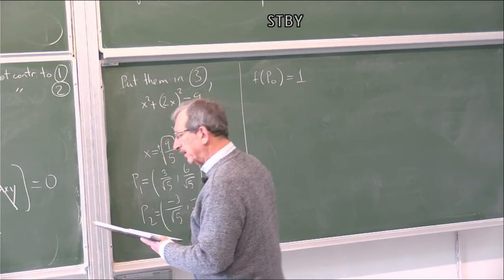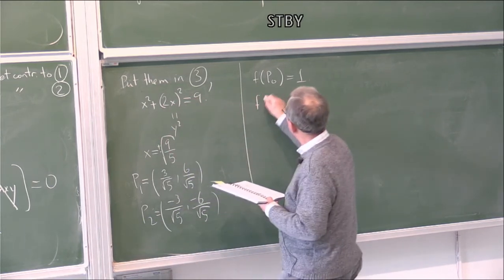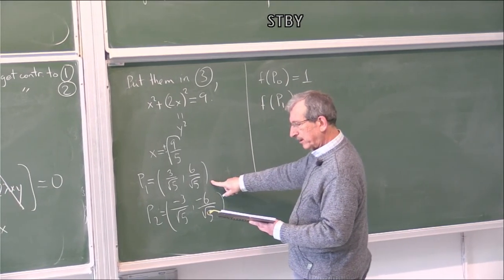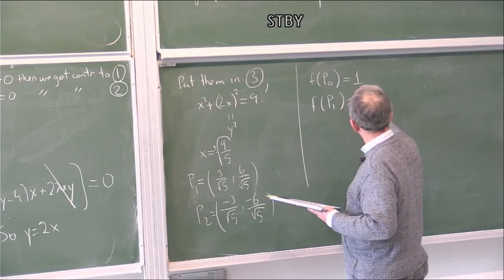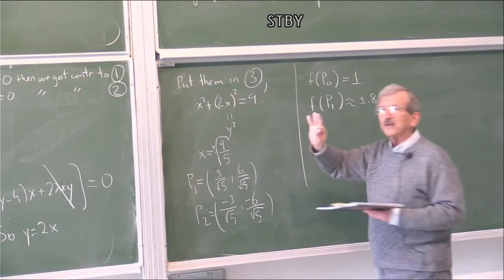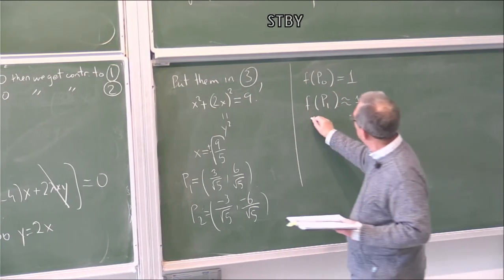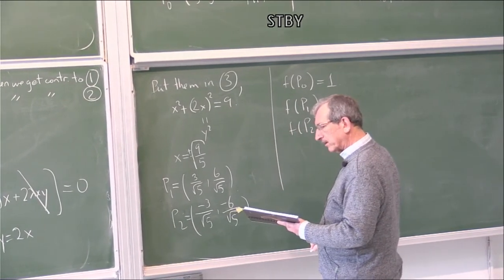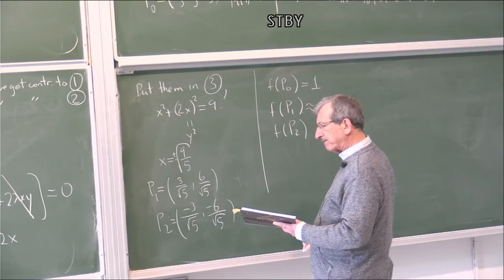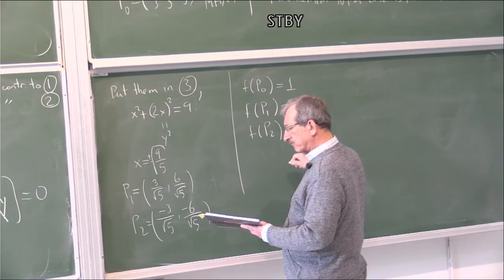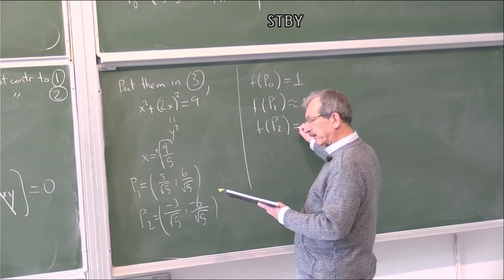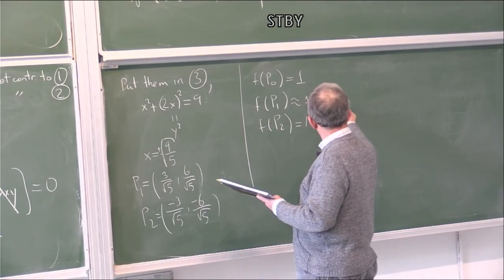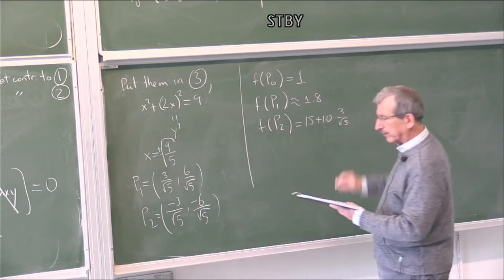And f of P1, that is the positive one here, would be approximately 1.8. There are roots in it, so I don't want to go into that. F of P2 would be 15 plus 10 times 3 over fifths.